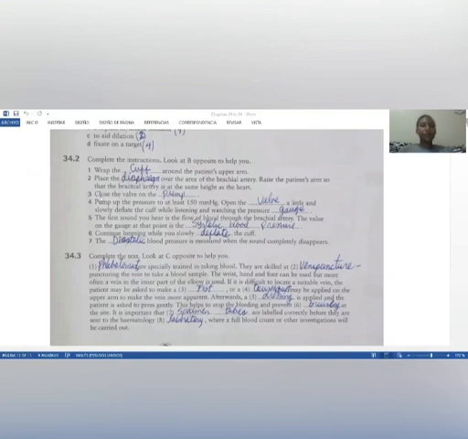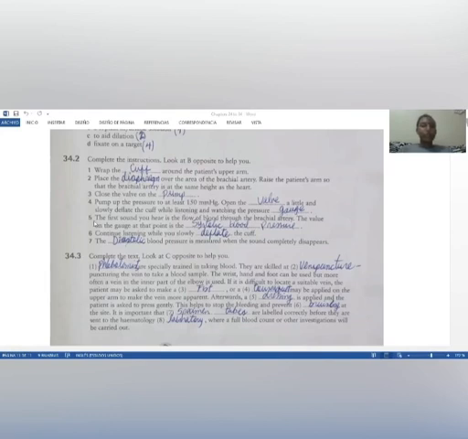Number 3. Close the valve on the pump. Number 4. Pump up the pressure to at least 150 mmHg. Open the valve a little and slowly deflate the cuff while listening and watching the pressure gauge.